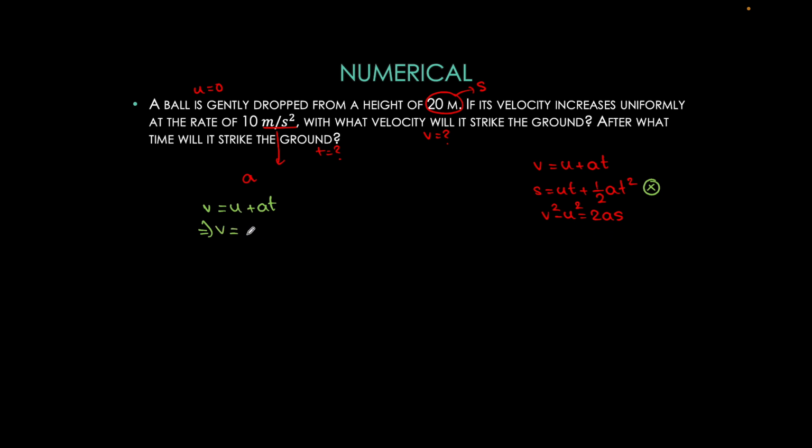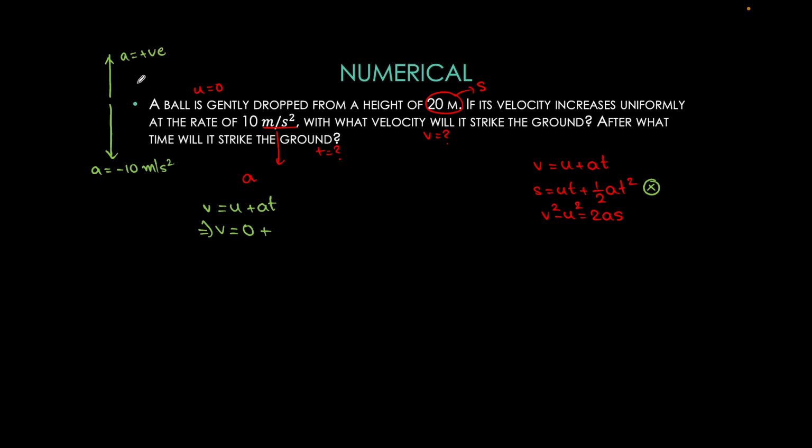So v is equal to u, we have 0, plus a is what? 10 meter per second square, but the ball is falling downwards, right? So always remember, if the acceleration is in the downward direction, we'll consider the acceleration to be negative. If acceleration is in the upward direction, the acceleration is considered to be positive.